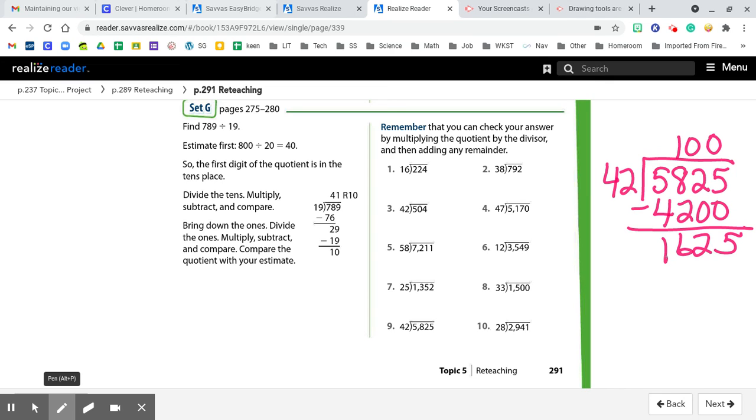And then if I do 42 times, let's say 20, 42 times 2 is 84. So I'll subtract out 840. And 42 times 10, 420.